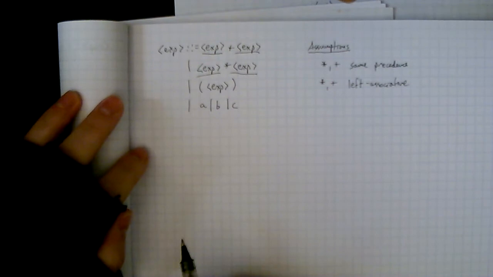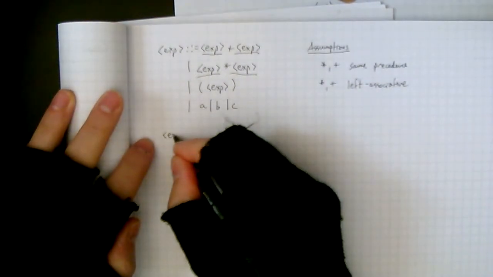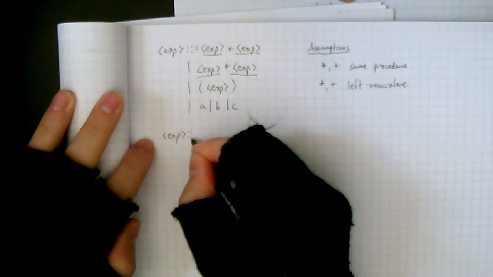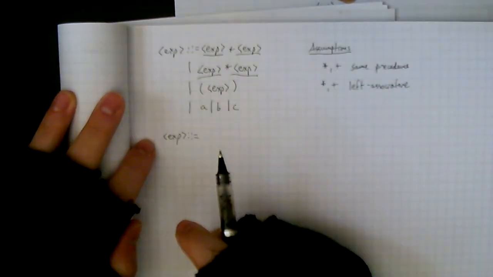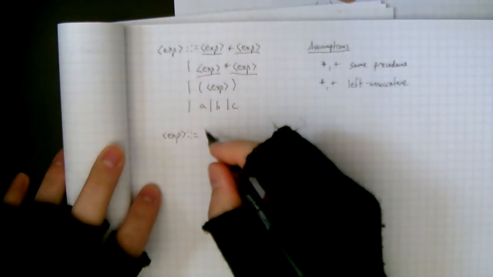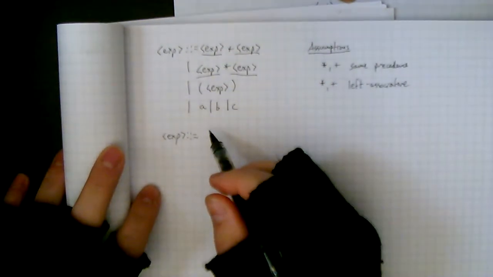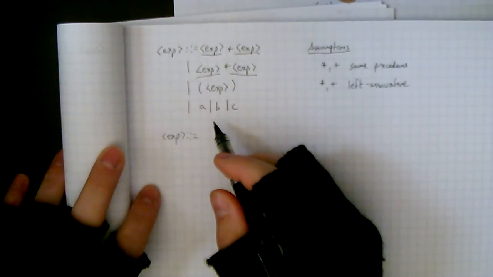And so what we can do is we can simply say exp, and we'll leave both multiplication and addition on the same precedence level, but we will move the parentheses to a higher precedence level because, well, they're typically higher precedence.